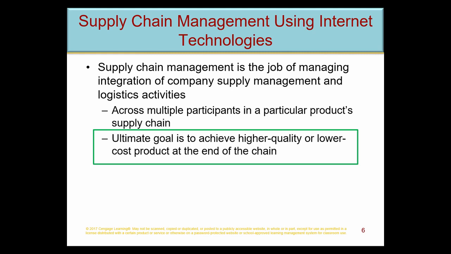Certainly one of the aspects of a high quality product is that it meets the target customer's price expectations and provides us as a company the revenue that we're looking for. But really, the reason to focus on supply chain is that you want to provide the best to the customer and the best to your company.